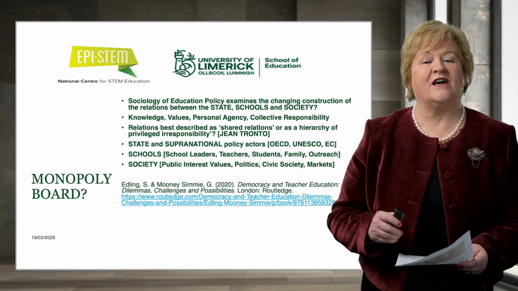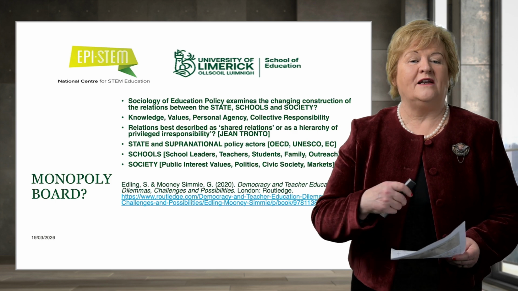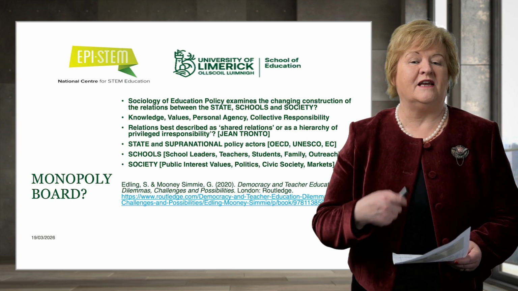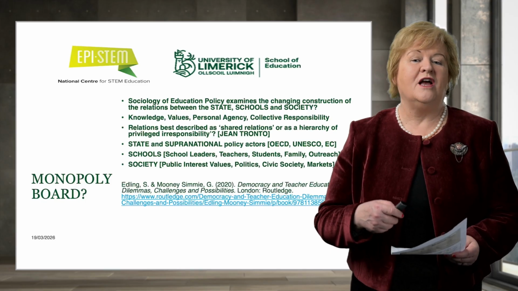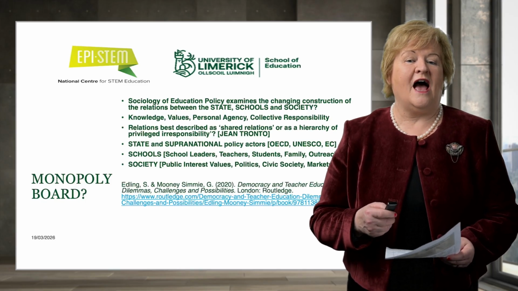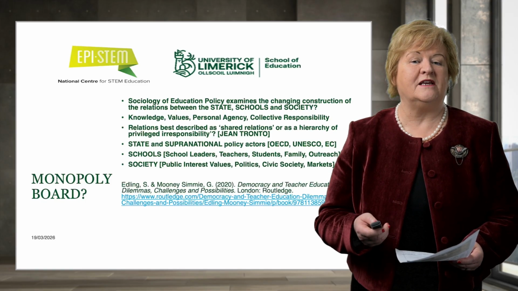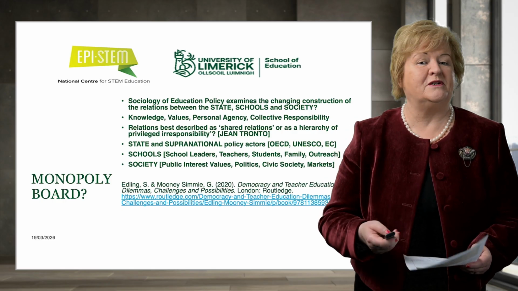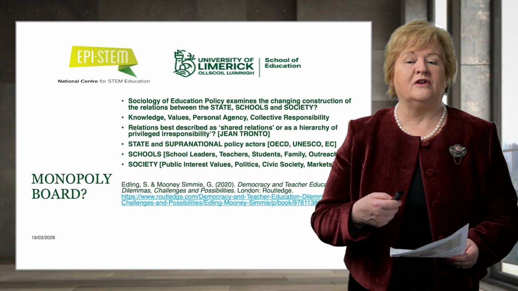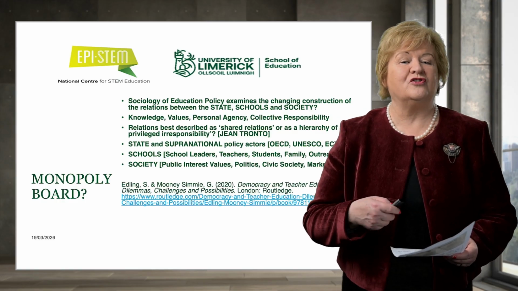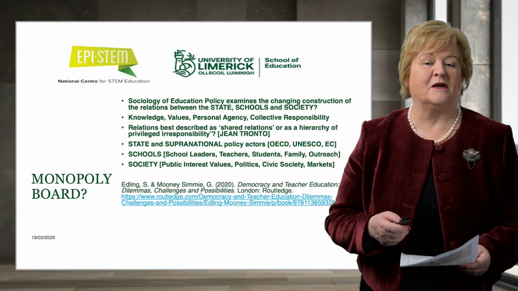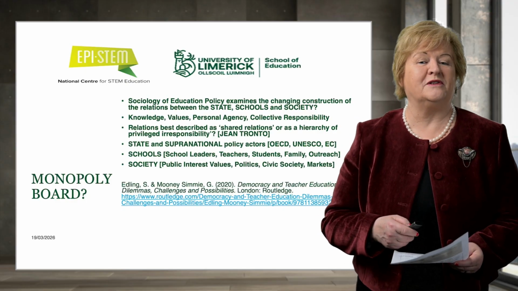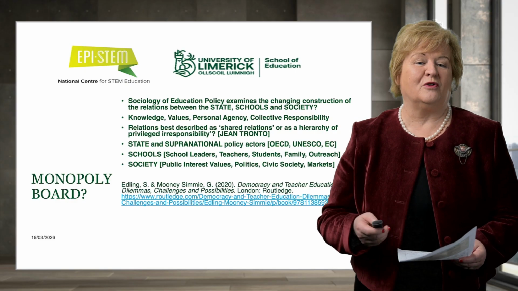And therefore, we have to ask ourselves, while knowledge and values and agency and collective responsibility are swirling around there, do we see those relations as being shared responsibility between the state, school, and society, or do we see it as distributed downwards? Is it, as Joan Tronto called it, just a hierarchy of privileged irresponsibility, where somebody else will tell you what to do, but they don't plan to do it themselves? So we have to look at all of this.